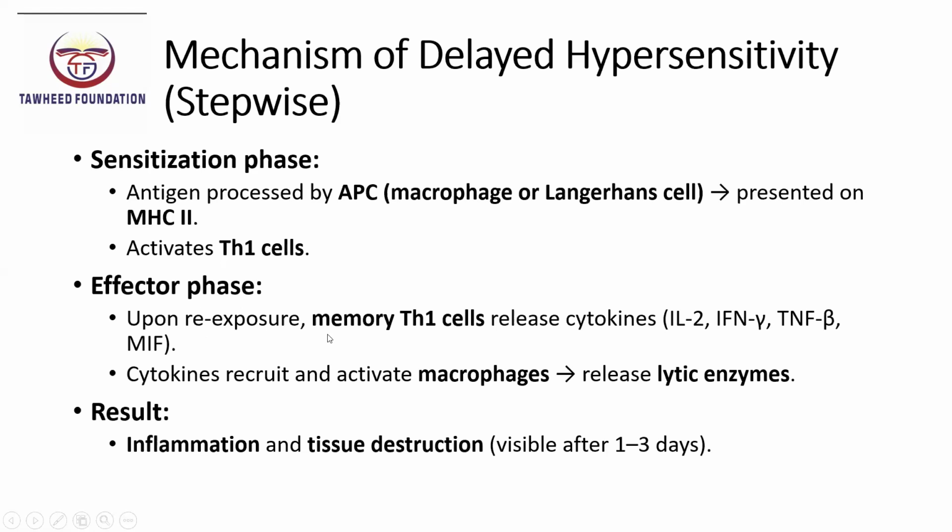Effector phase: upon re-exposure to the same antigen, the memory Th1 cells quickly release cytokines like interleukin 2, IFN gamma, TNF beta, and MIF. These cytokines recruit macrophages to the site and activate them, leading to release of lytic enzymes and inflammatory mediators. So the final result is inflammation and tissue damage, which is visible 1 to 3 days after antigen exposure, hence the delayed characteristic it is named for.